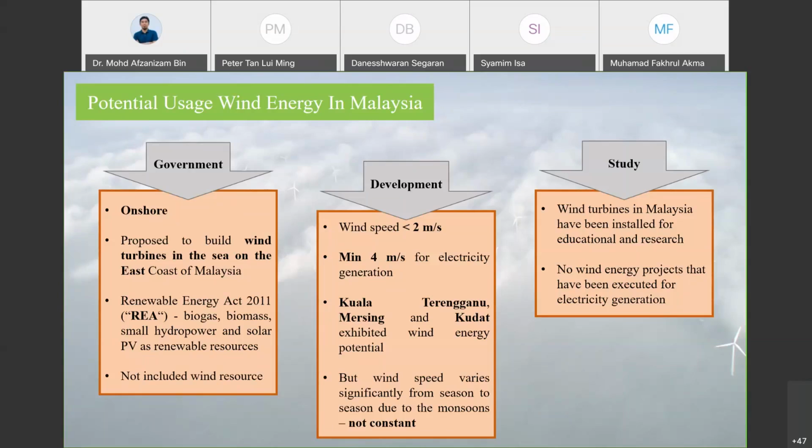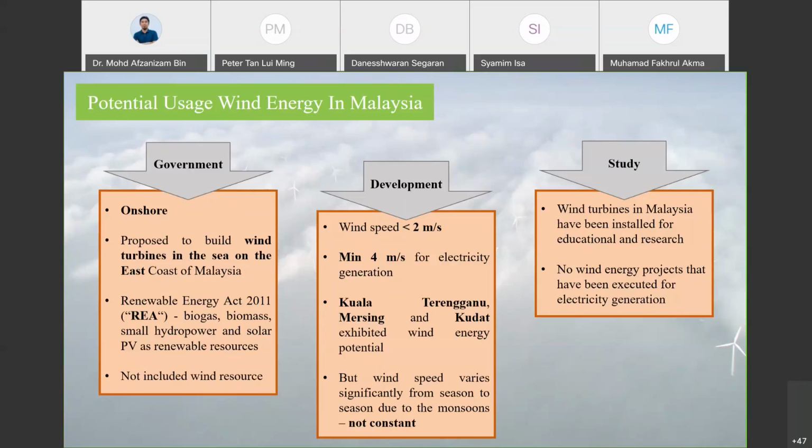However, Kuala Terengganu, Mersing and Kudat have shown that those places have the potential to install wind energy. But wind speed is not constant because of the monsoon. So that means wind energy will achieve 4 meters per second or above only when it comes to the monsoon.